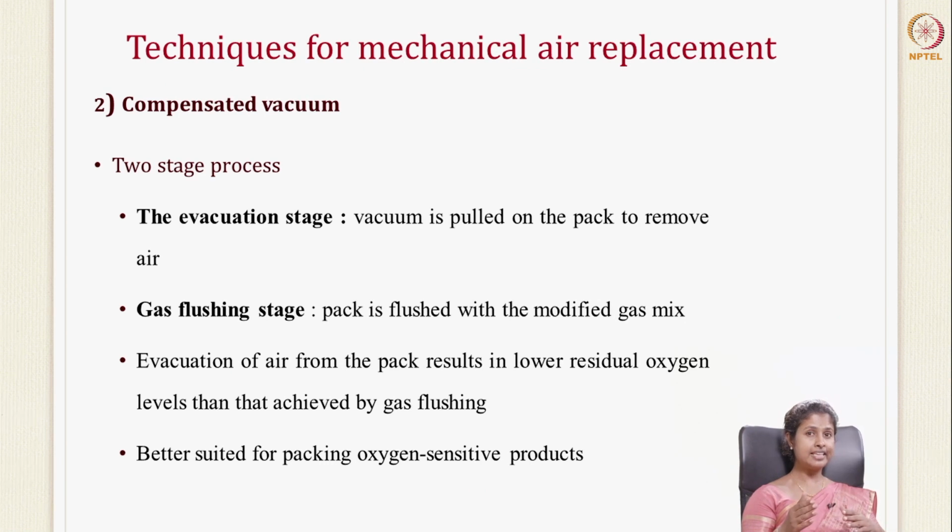Now in this case, unlike gas flushing, you're assured that all the air inside the package has been removed and has been replaced with the gas composition of your choice. That is the difference. So this is better suited for oxygen sensitive products. You're almost assured that there is no oxygen remaining in the package. You're going to replace it with either carbon dioxide or nitrogen or a mixture of these.